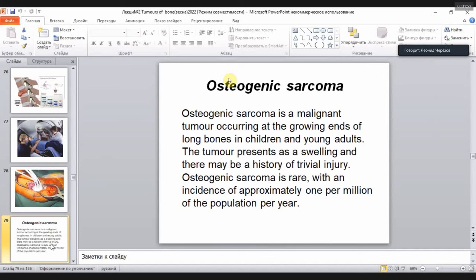Osteogenic sarcoma is rare, with an incidence of approximately 1 per million of the population per year.